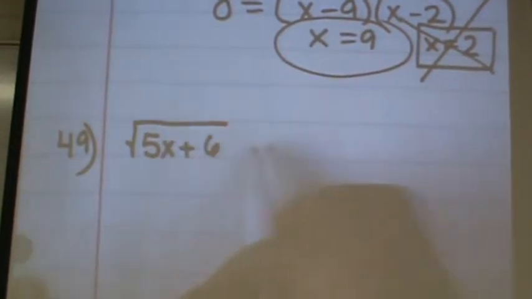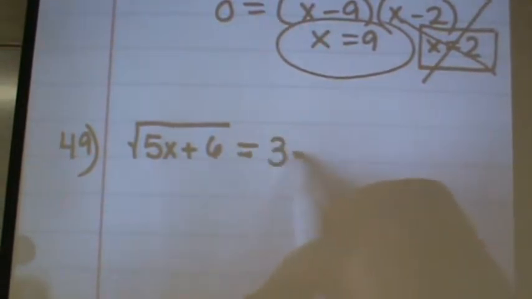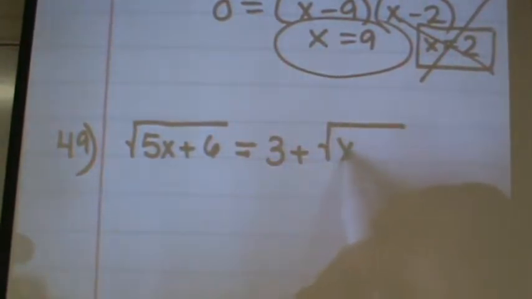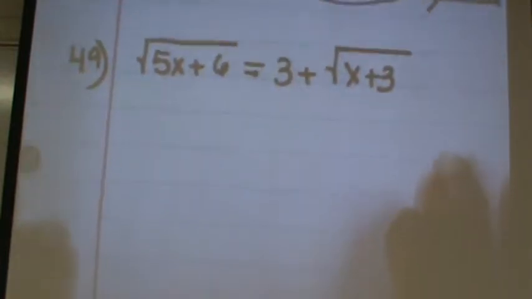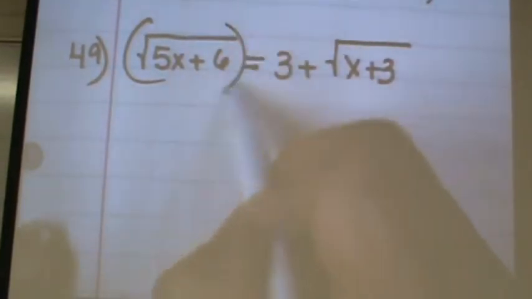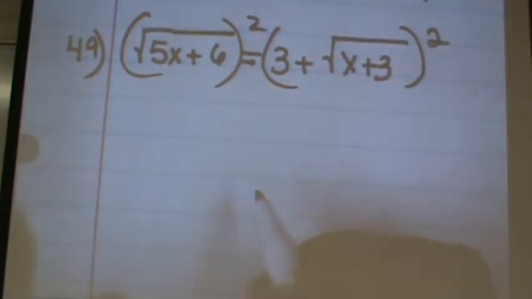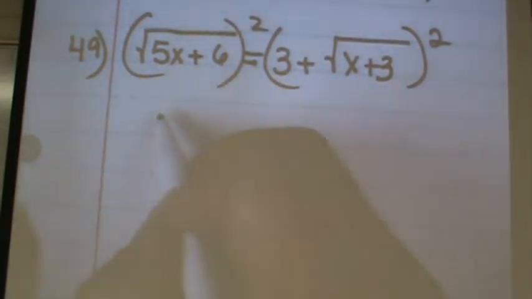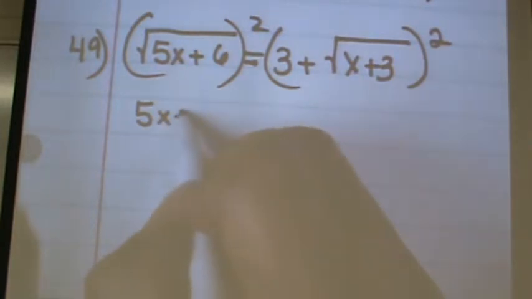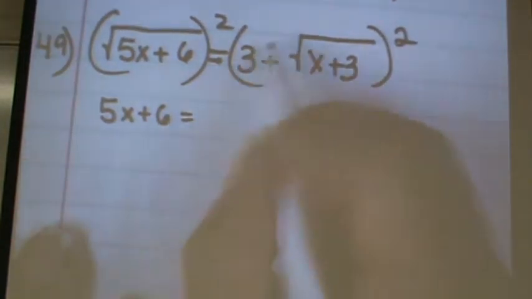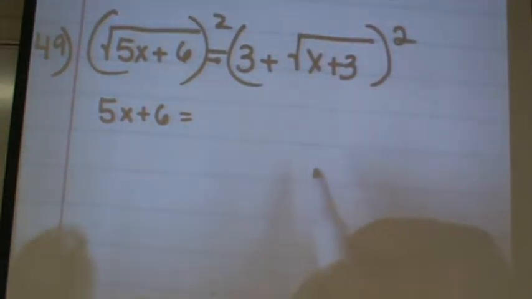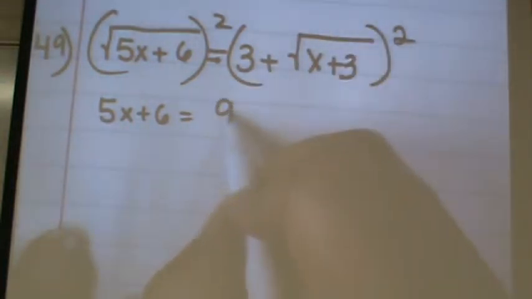The square root of 5x plus 6 equals 3 plus the square root of x plus 3. So we're going to have to square both sides here. And when you square this one, we're going to see that we have to square it again. So on the left, you get 5x plus 6. Now when we FOIL this, if we use our little trick or shortcut, you square the first term, which is 9.